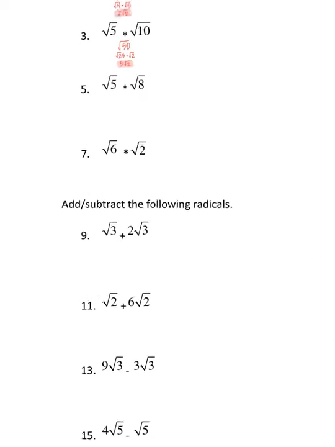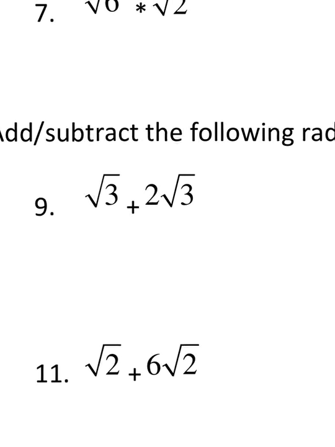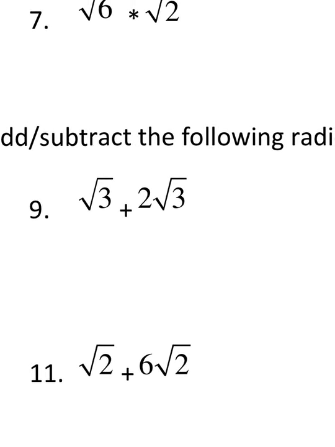And I'm going to jump up to adding and subtracting radicals. Okay, so here's the trick when we're adding and subtracting radicals. It's the same as when we combine like terms, okay? In order to add or subtract radicals, you can only add and subtract to a number that has the same number under the radical.